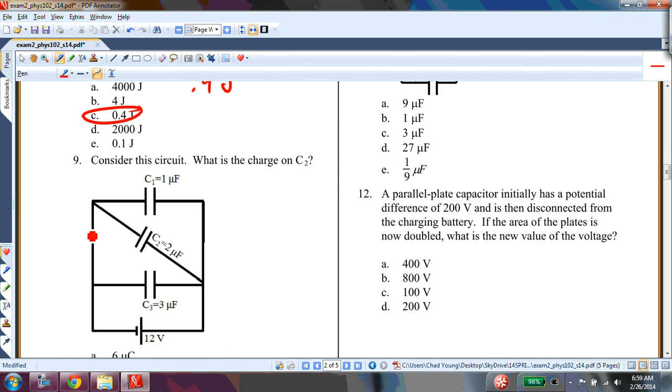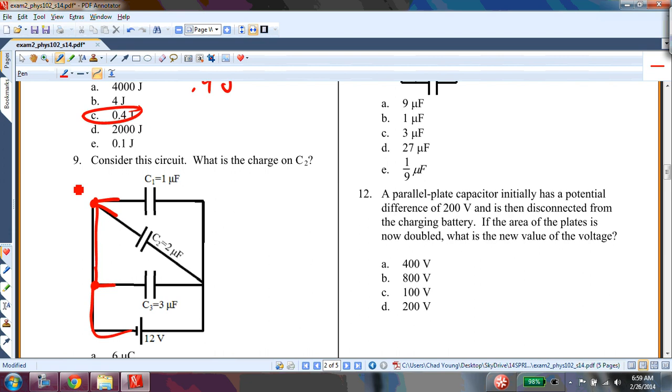Consider the circuit. What is the charge on C2? Well, sort of drew it funky here, but this is the same as that. If I just draw C2 in parallel in that way, you can tell that because if you follow along in the circuit, notice here I come into a break, and then I come into another break up here.